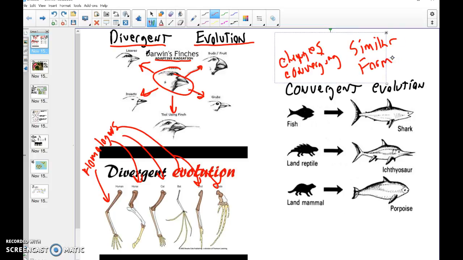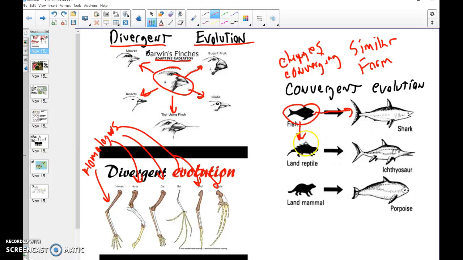So for instance, all organisms started out as some sort of primitive fish-like creature. Okay, well, this fish-like creature diversified. It went through natural selection and evolution, and it ended up becoming a very similar ancestor to the modern shark. Well, this fish also eventually diverged into the land reptile.